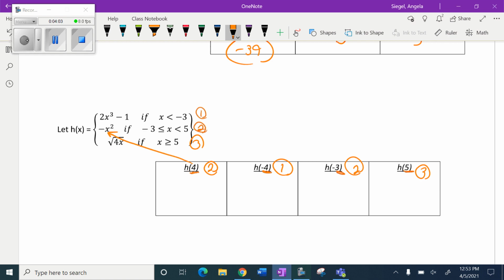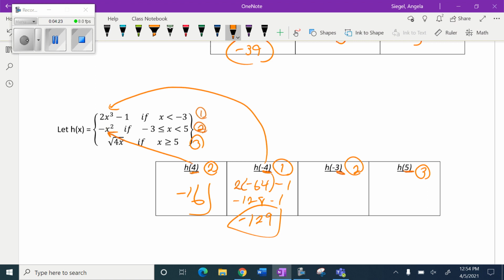4 squared is 16, and so it's going to be -16. This -4 goes into this one. So -4 to the 3rd power is -64, times 2 is -128, minus 1 is -129.